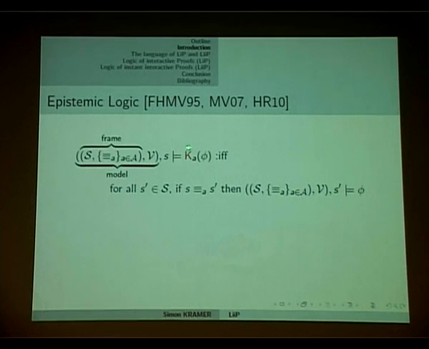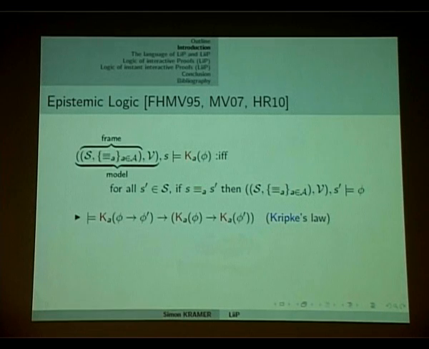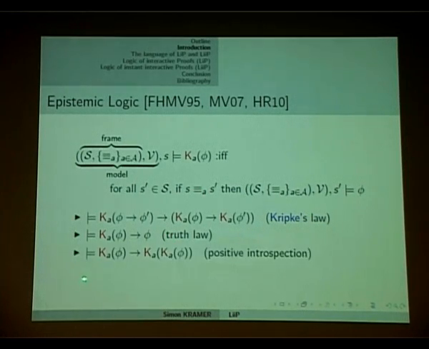All we need to define knowledge is an equivalence relation. And because it is an equivalence relation, we get the following laws, right? I mean, of course, we get the Kripke law in any case. But because this is an equivalence relation and thus reflexive, we get the truth law. And then because it's transitive, we get this positive introspection law. And for the rest, we get negative introspection also.